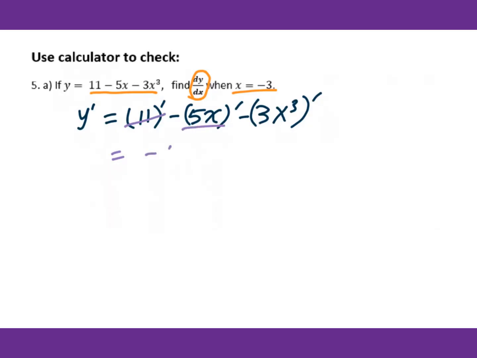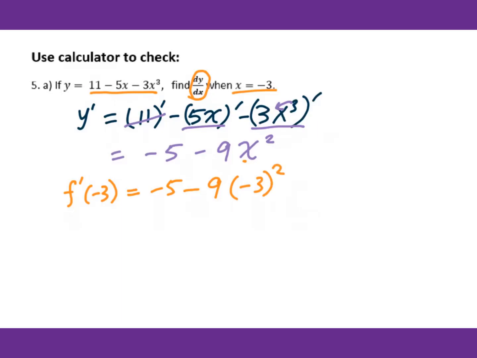This will be negative 5. Here, drop down, so minus 9x squared. So we have f prime of negative 3. Plug in 3 into this x. Negative 5 minus 9 times negative 3 squared. So you get negative 86.